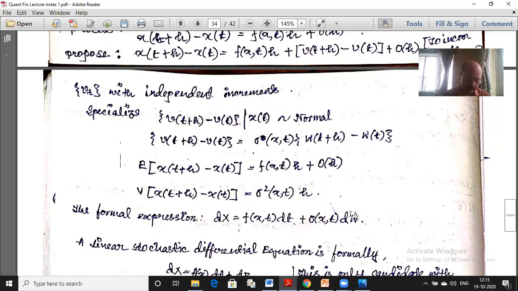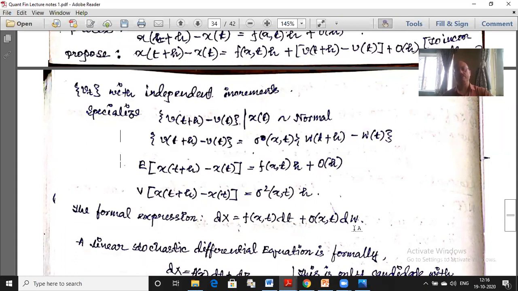All right, is this representation clear? Now, question. If I look at the dx expression formally here, what happens to the variance? Recall that dx is also a random variable because there is a stochastic part involved.